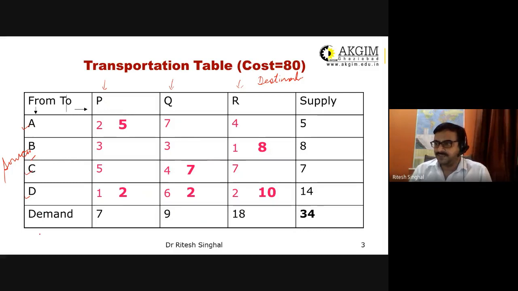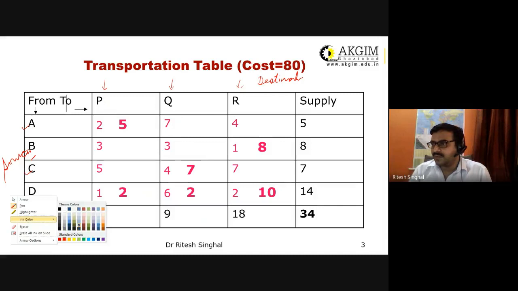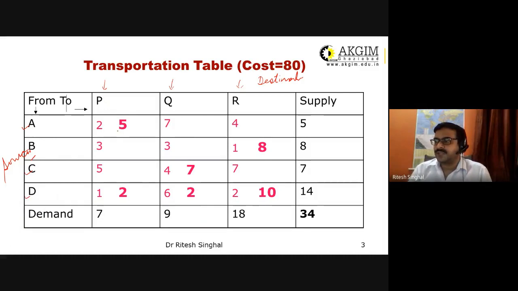These values 2, 3, 5, 1 are nothing but the transportation cost from a particular source to a particular destination. And these values are the quantities transported from a particular source to a particular destination. The sum of these quantities is 34, so it's a balanced problem.